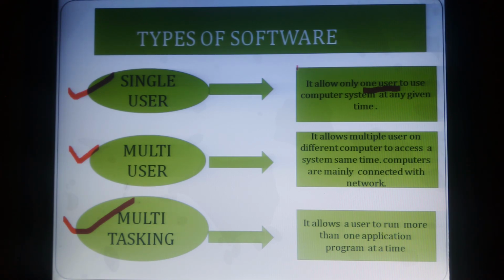That is the important thing. Multi-user means it allows multiple users on different computers to access a system at the same time. Computers are mainly connected with a network. Now children, I am telling you.